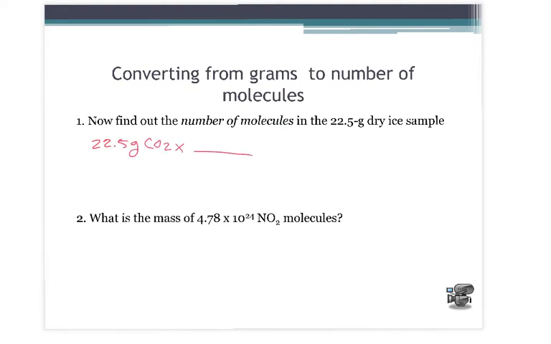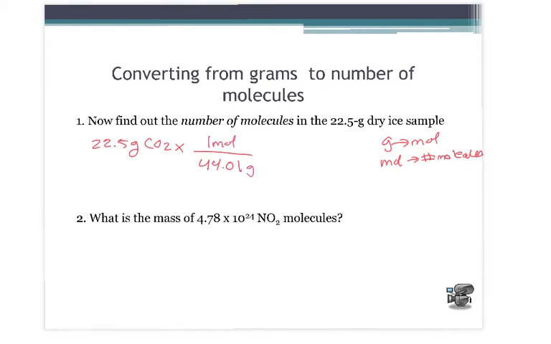We don't have a direct conversion factor from grams to the number of molecules, right? We have grams to moles, and then we have moles to the number of molecules. And from grams to moles, we use the formula mass for carbon dioxide, which is 44.01 grams per 1 mole.